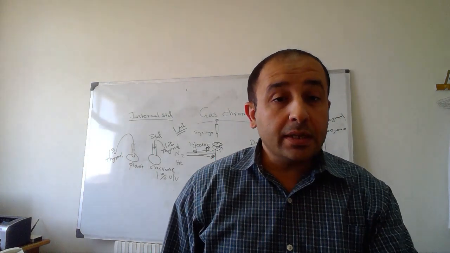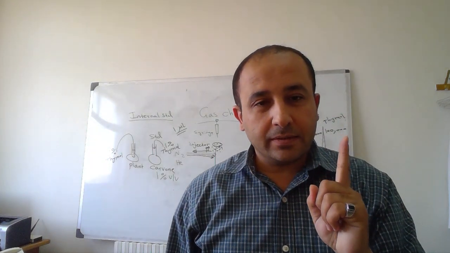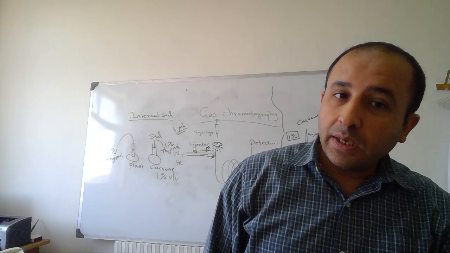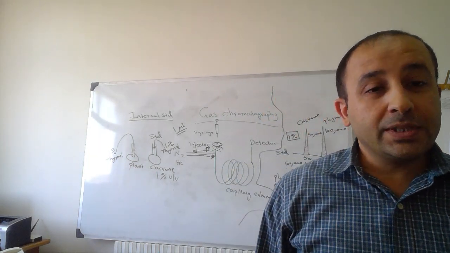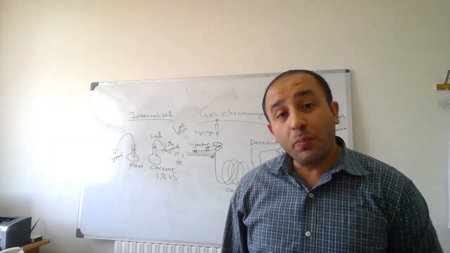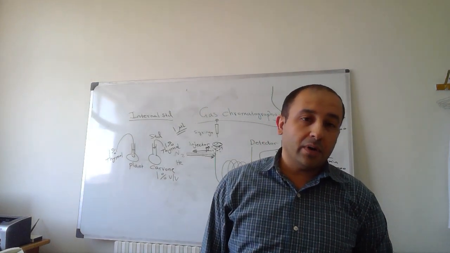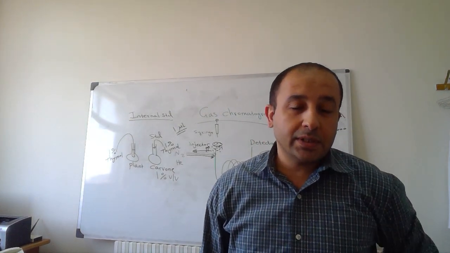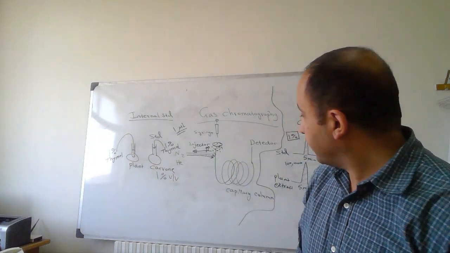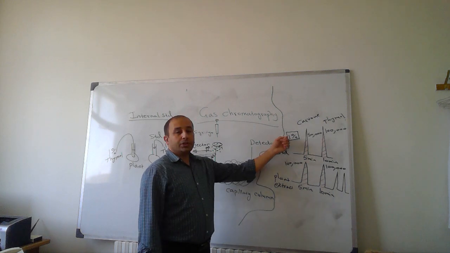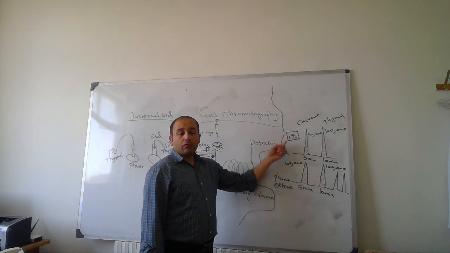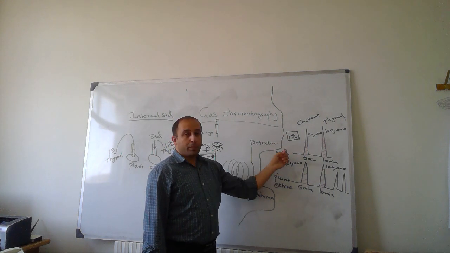The standard has a concentration of 1%, so the concentration of the carbon in the plant extract will be 2%, because the area under the curve is double the area under the curve of carbon in the standard container. So now we can see easily that the concentration of the carbon in the plant extract will be 2%.